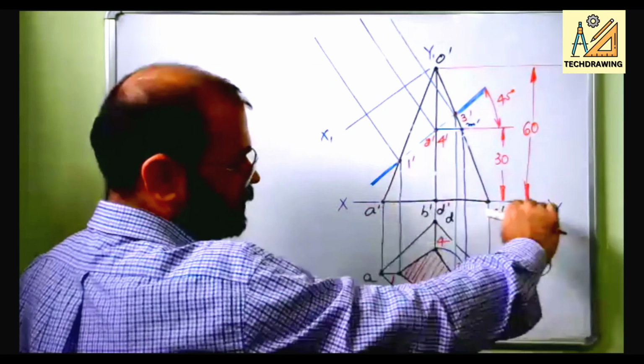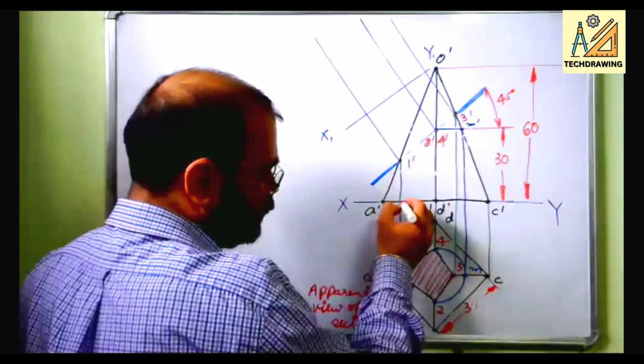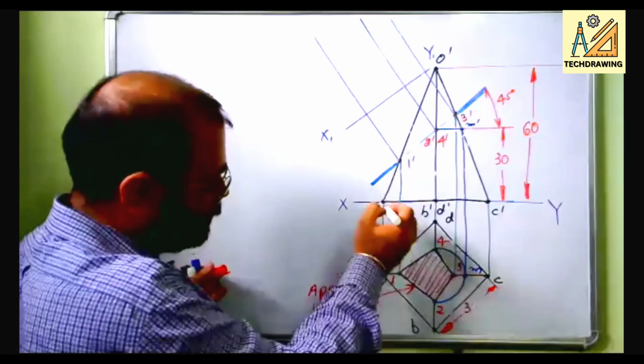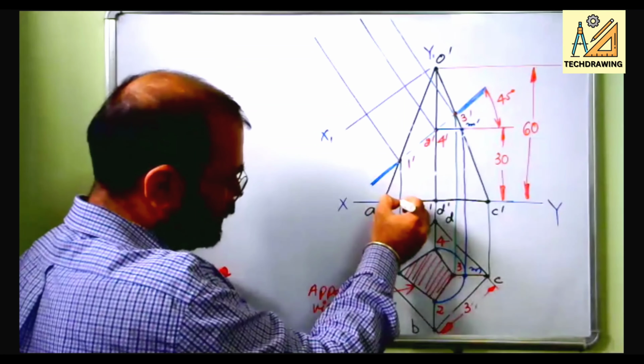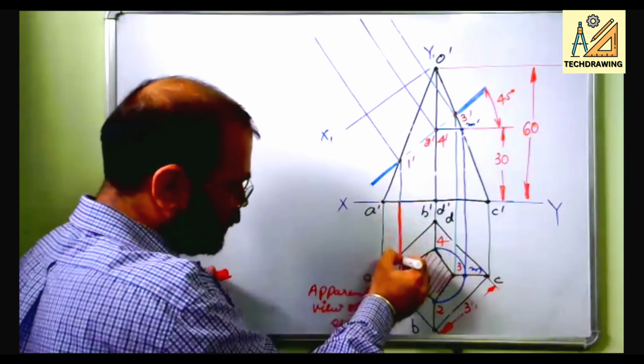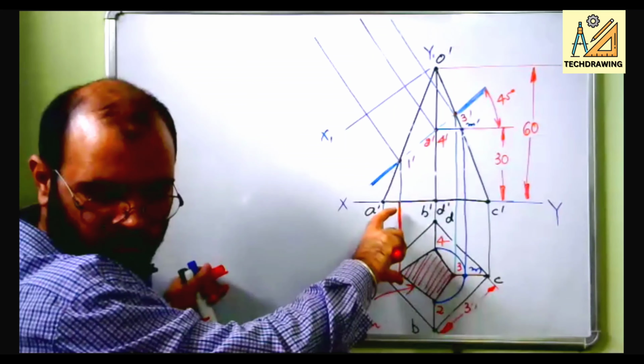Just see, this is the xy line. From this xy line, you measure the distance till 1. I am just drawing it with red color. Measure this distance, how much it is. Okay, measure this distance.